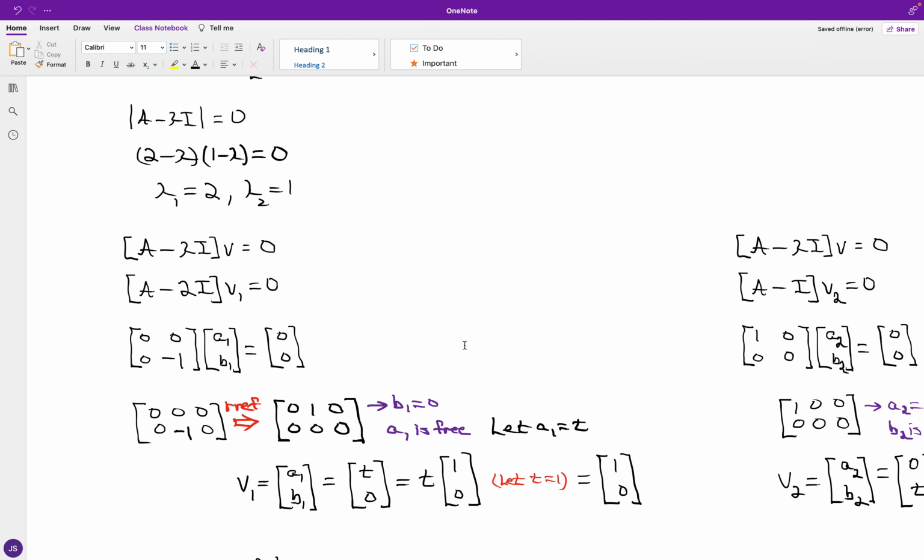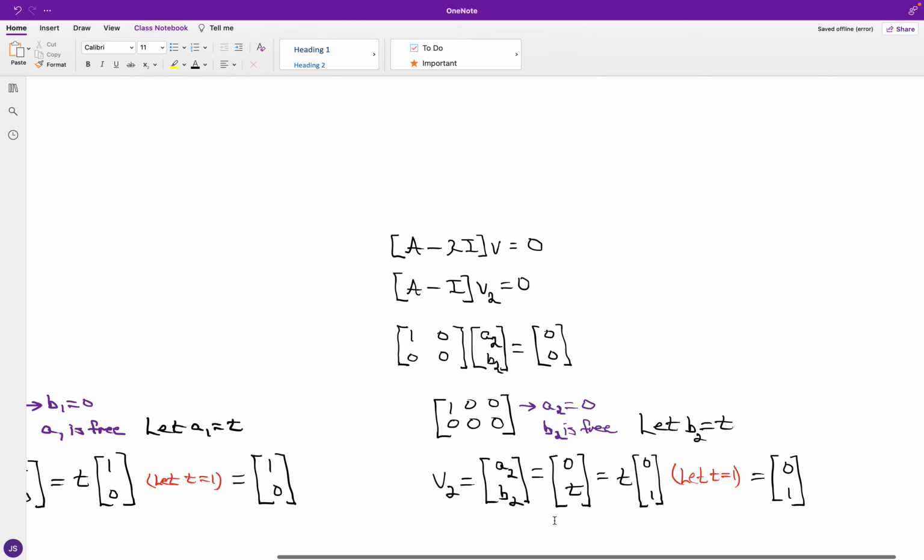The top row signifies that b sub 1 is equal to 0, and we do not have a leading 1 in the first column, so a sub 1 is a free variable, and we will let that be equal to t. So v sub 1 is the 2 by 1 matrix consisting of t and 0. Factoring out t and letting it be equal to 1, v sub 1 is the basis vector with 1 at the top and 0 on the bottom.